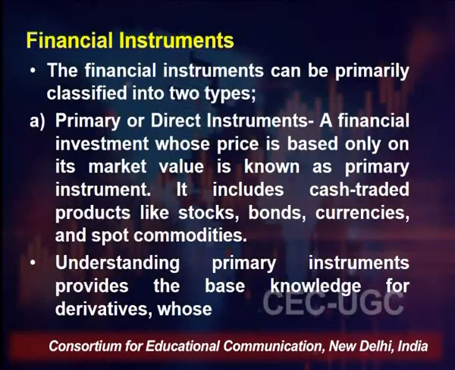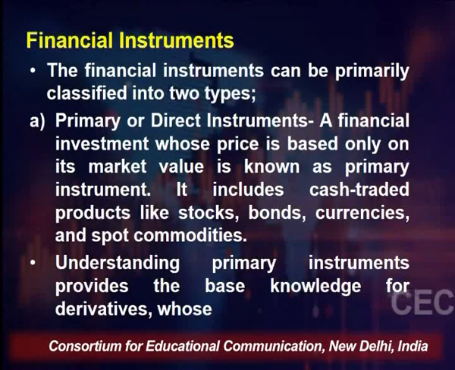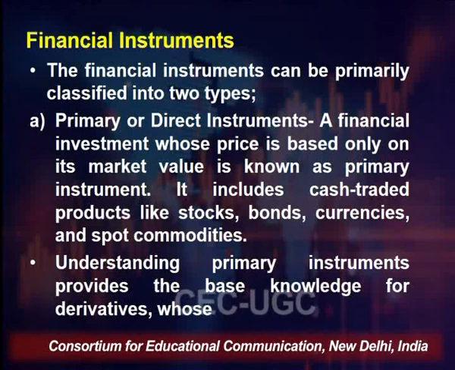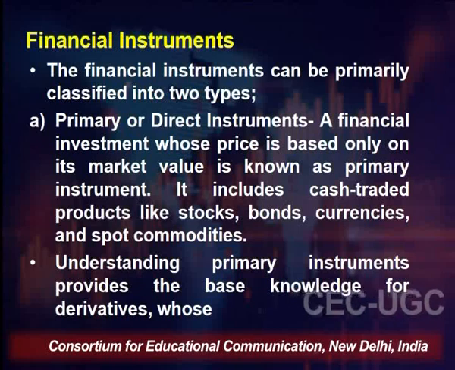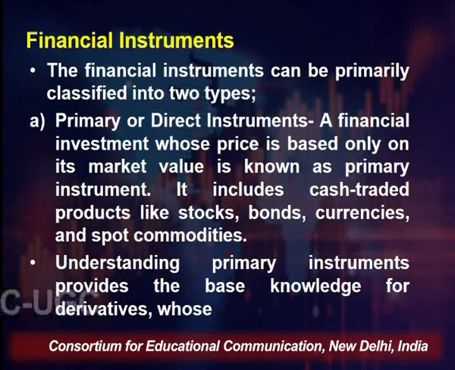It includes cash traded products like stocks, bonds, currencies, spot commodities, right? So these are called primary or direct instruments. Understanding primary instruments provides the base knowledge for derivatives, right? So derivatives are not primary instruments.